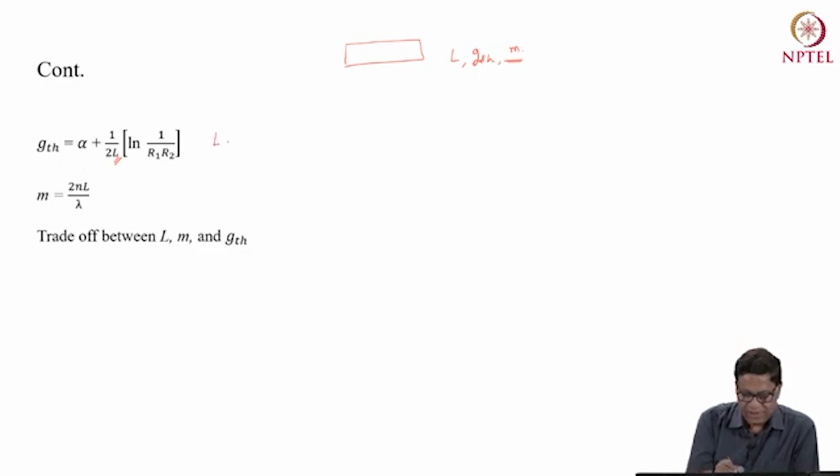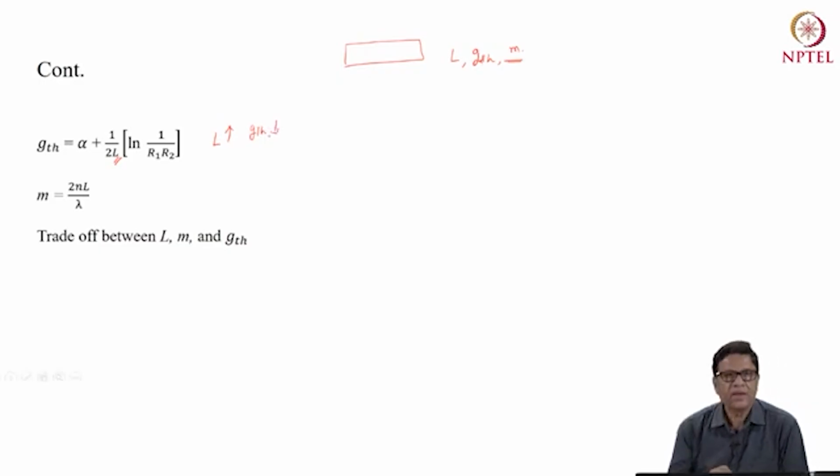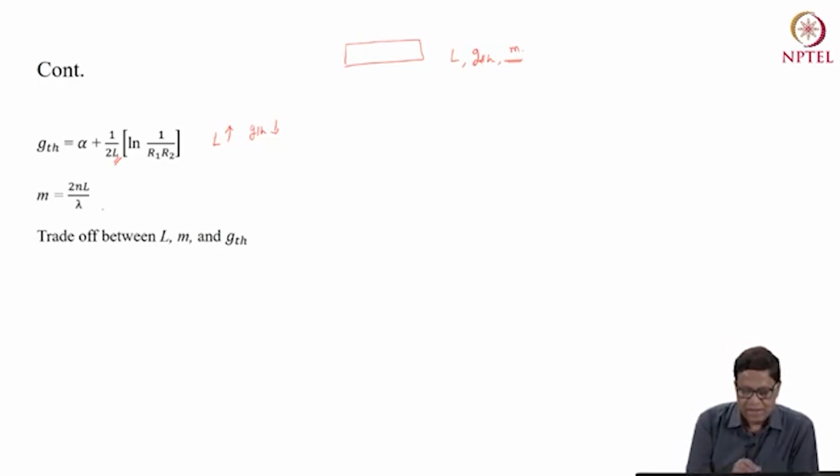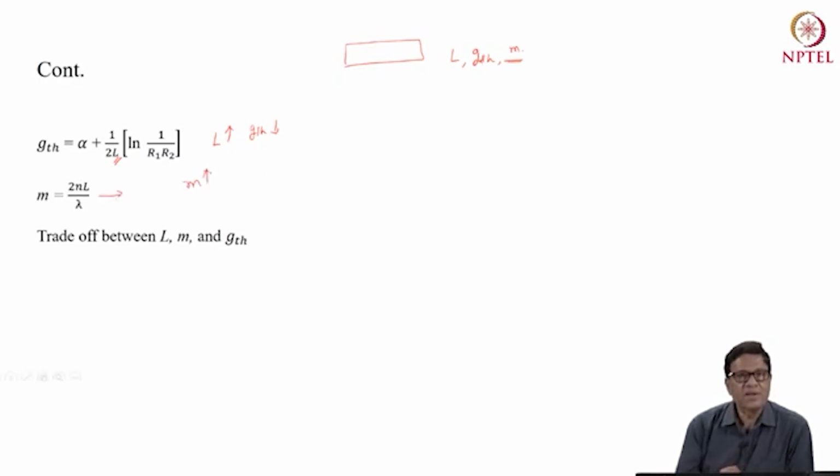then if L increases, GTH will decrease. And if L increases, in this expression if you see, the M is increasing. That means the number of modes which are supported are increasing, which actually effectively is increasing your spectral width, right?